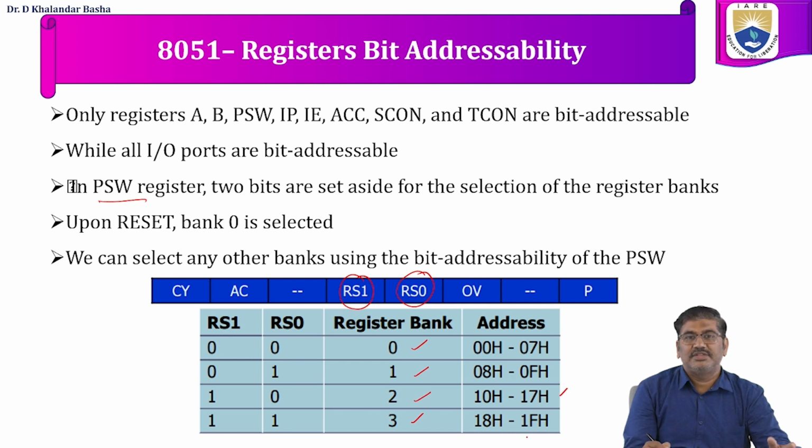Each register bank has 8 registers, that is from R0 to R7. Upon a reset, the default is bank 0 selected. If you want to select another register bank like bank 1, bank 2 or bank 3 apart from bank 0, then we have to configure the RS1 and RS0 bits of PSW.